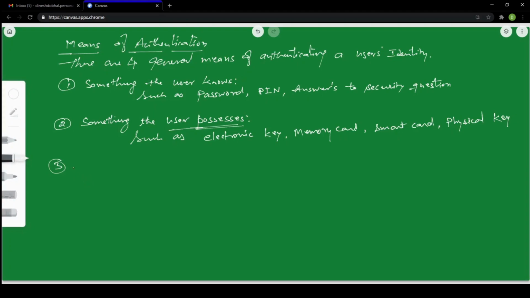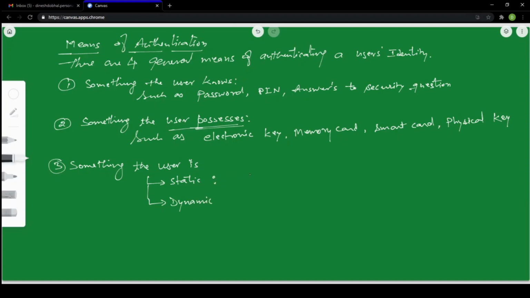Next, we can use something the individual is, that is, the characteristics of the user. These characteristics could be either static or dynamic.